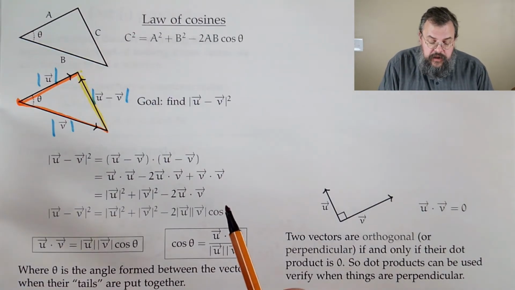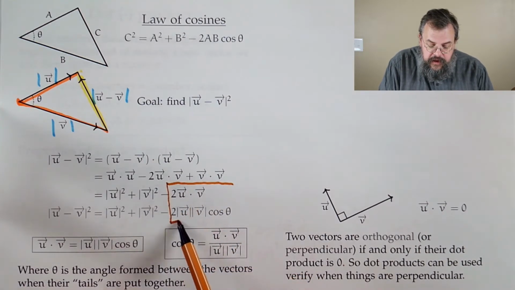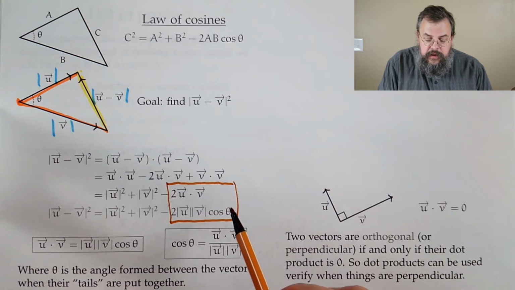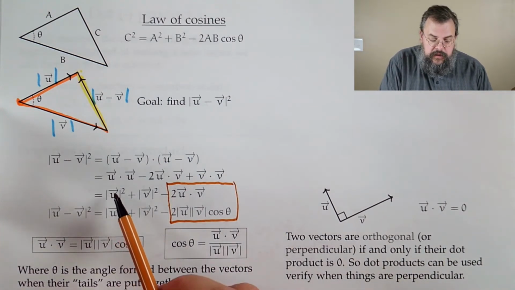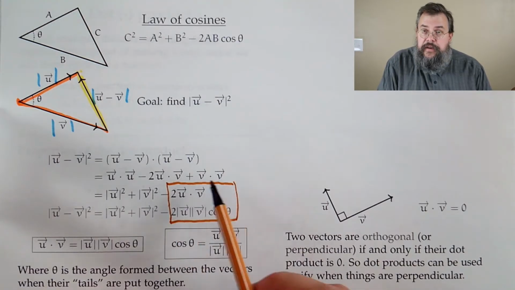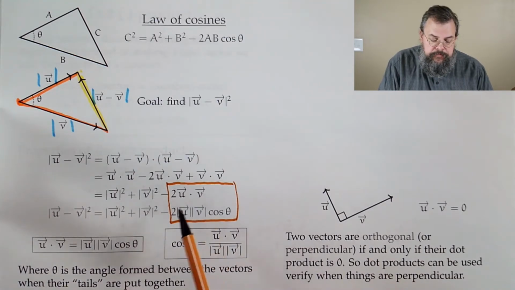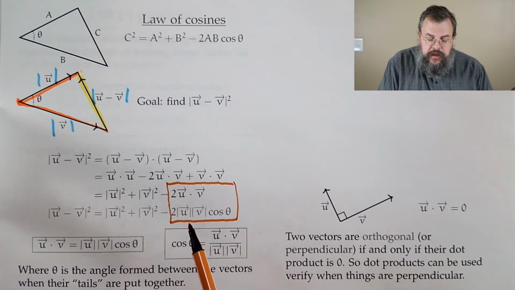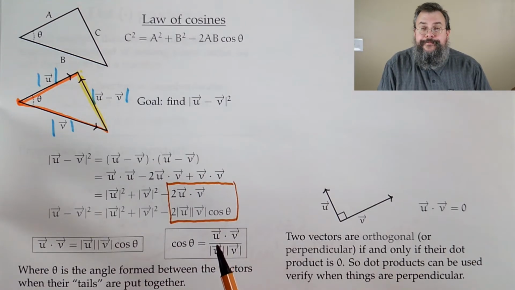Well, that means that if you look on the very end, these pieces here, that's where they differ. So these parts have to also be the same, because you can see that the magnitude of u squared and magnitude of v squared match. So these have to match, which tells us u dot v has to equal magnitude of u, magnitude of v, cosine theta.